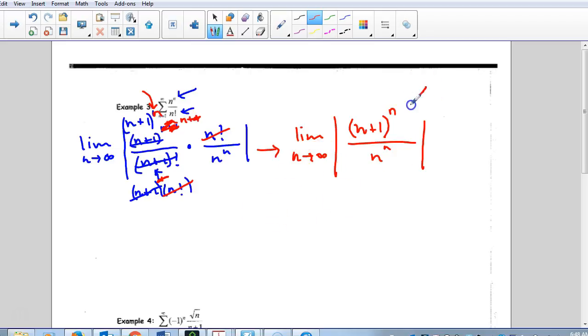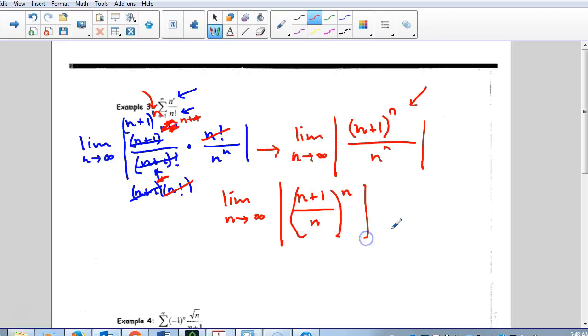Now this is my very favorite number in the world. Check this out. I got the limit as n is going to infinity of, I'm going to rewrite that as n plus 1 over n raised to the n. Right? I'm allowed to do that.